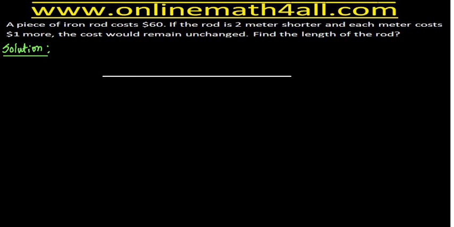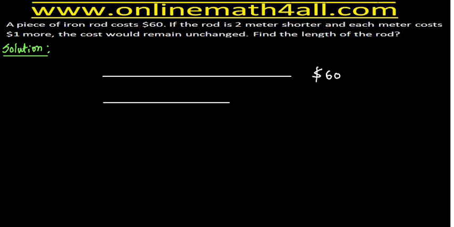Okay, I'll just draw the rod. So the cost of this rod is $60. If the rod is 2 meters shorter, the cost of each meter of the rod 2 meters shorter is $1 more than the cost of each meter of the original rod. But the cost would remain unchanged because the cost of each meter is $1 more in the second rod, which is 2 meters shorter.